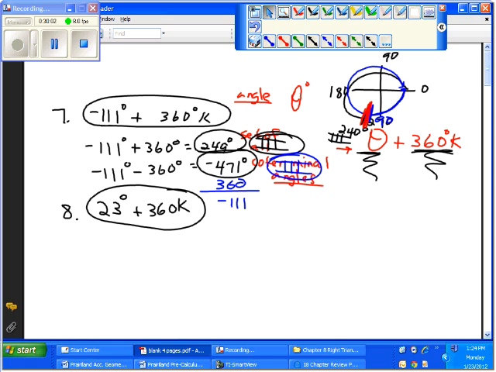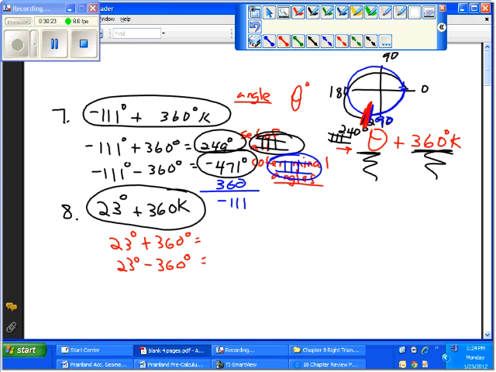Now, if we wanted a positive one, then what would we do? Add 360, or 360 plus 360, or however many 360s we wanted. And if we wanted a negative one, we would subtract 360 degrees.